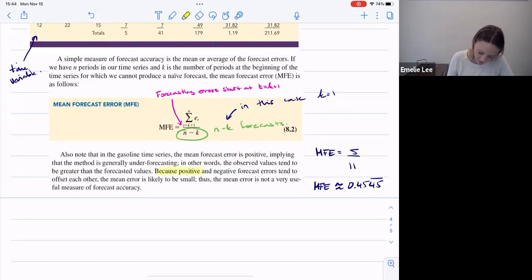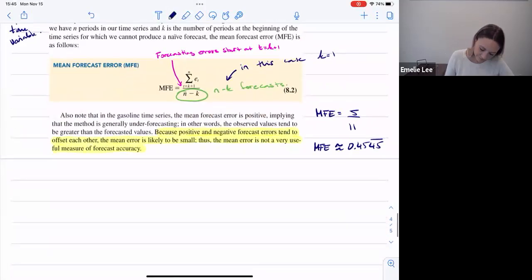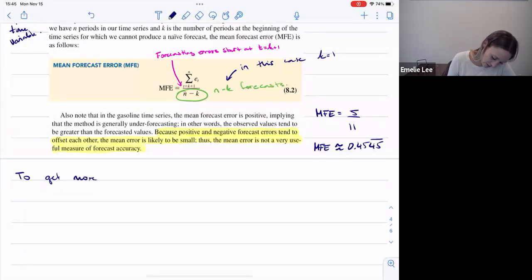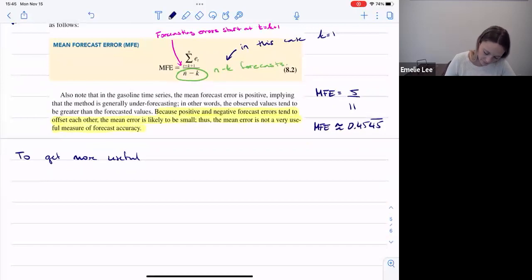Because positive and negative forecast errors offset each other, it's not going to be a very useful measure. So what we do is morph this measure a little bit to get more useful measures.